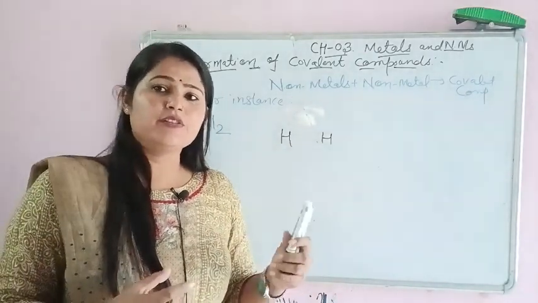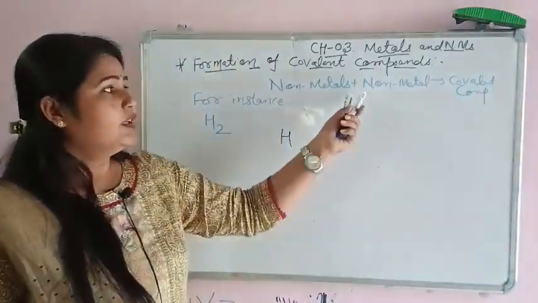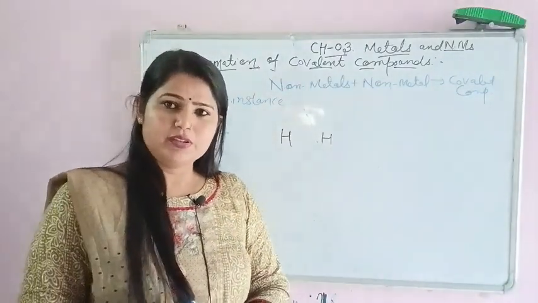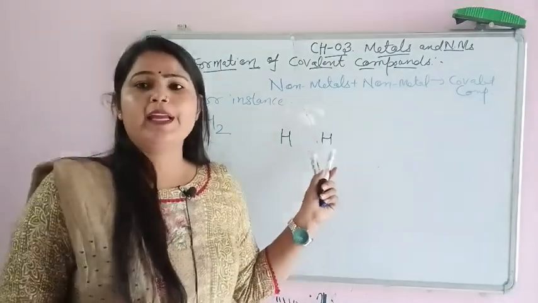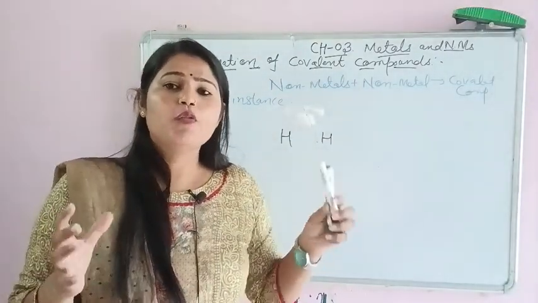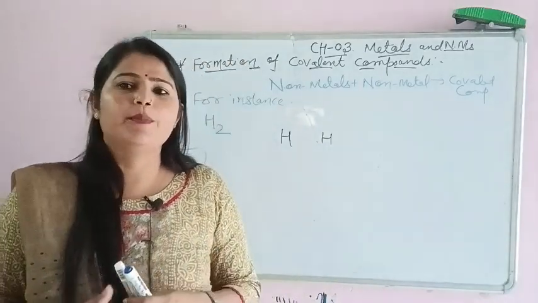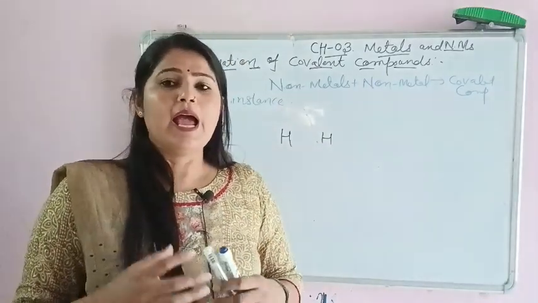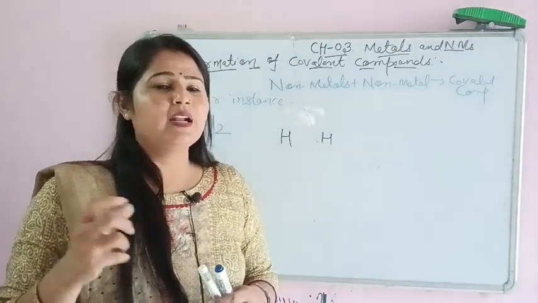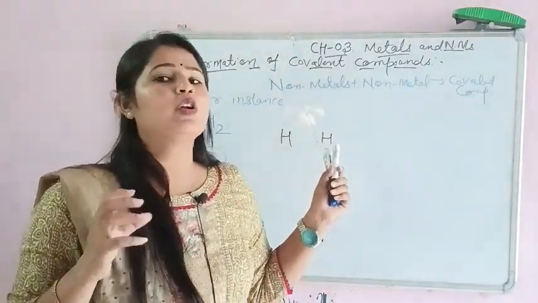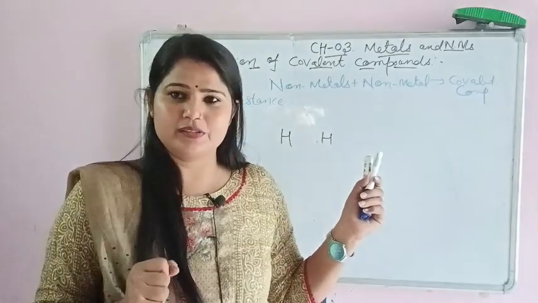In our last lecture, I already gave the definition of electron dot structure. How can we form the electron dot structure? Firstly, write the symbol of the element which is given in the compound or molecule, and the second step is to write the valence electrons in the form of dots. Then we can draw the electron dot structure.